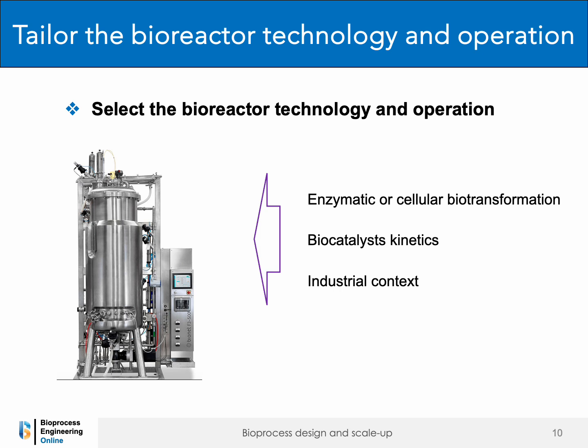The design of bioreactors must be intricately tailored to the specific enzymatic or cellular biotransformation, accounting for the kinetic characteristics of the biocatalyst. Additionally, considerations must extend to the industrial context, including production scale, sterility requirements, and quality constraints.